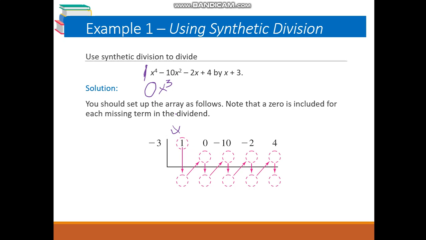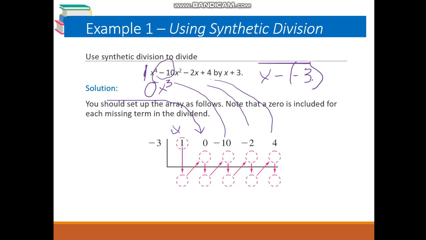It comes down here, and then the 0 for the x cubed, then the negative 10 goes there for x squared, negative 2 goes there, and the 4 goes there. And we're dividing by x plus 3, which again is x minus a negative 3. So we write the negative 3 out front.